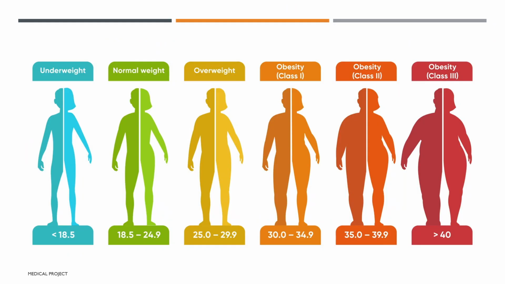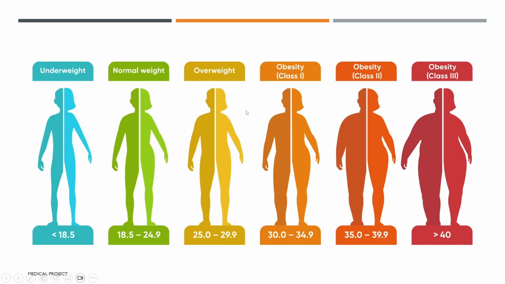Now let's go back to that picture. Considering that a lot of these clients have BMIs ranging from 25 to 33, we would say that most of them fall within the range of being overweight to obese.